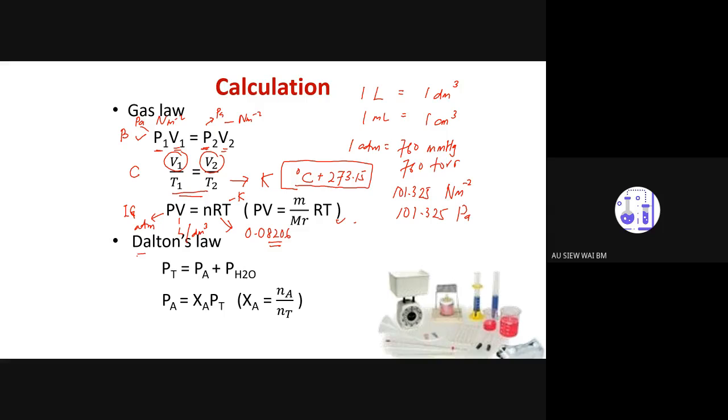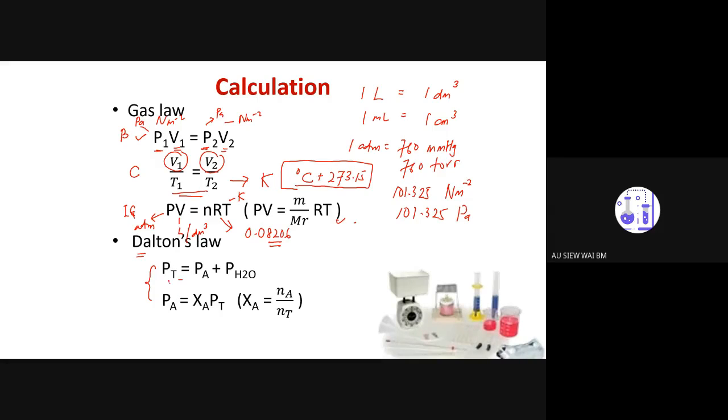After that, for Dalton's law, do you know what Dalton's law is or not? You know, right? So, Dalton's law actually has no difference, we still apply the gas laws here. The difference for Dalton's law is that it refers to a mixture of non-reacting gases.